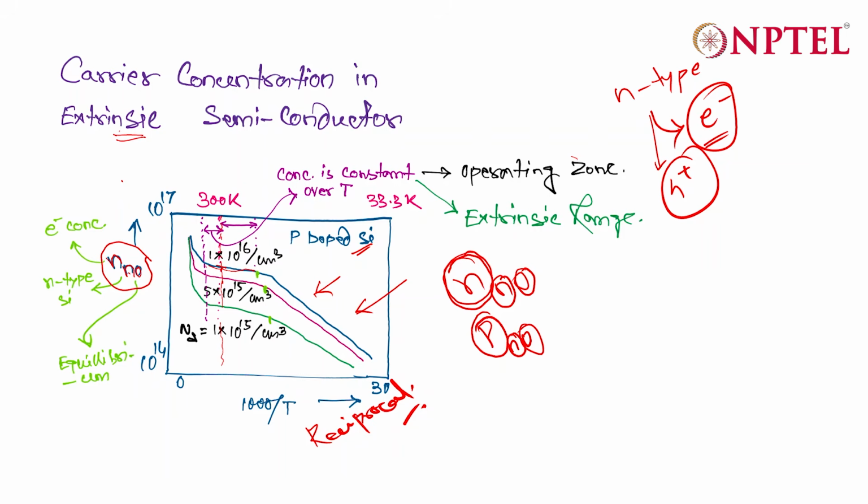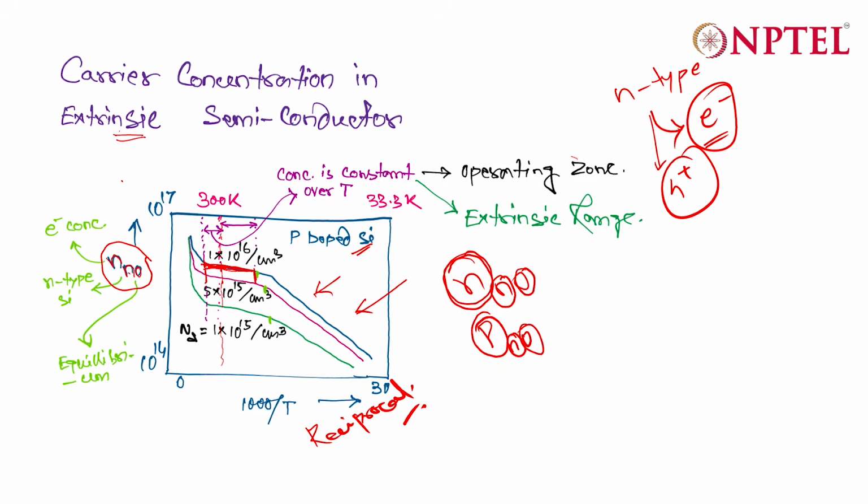So for an extrinsic semiconductor, you have another parameter called concentration of impurity. And for a certain range of temperature around the room temperature, the concentration is constant over the temperature and we call it extrinsic range, where the concentration is constant, as I've shown here, say up to this for the first plot.